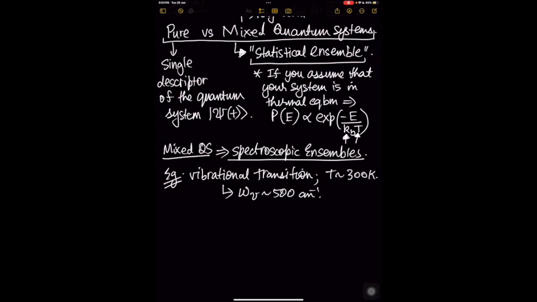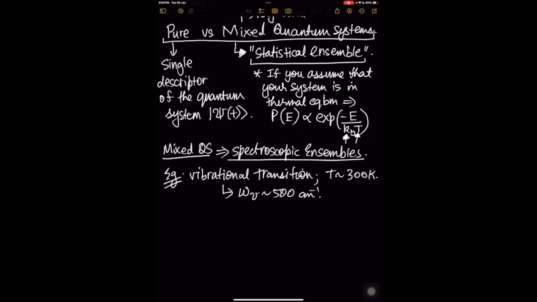Let's say you are probing that specific vibrational transition. To describe that particular quantum system, which is a superposition of different vibrational number states, that state would be a mixed quantum state. The probability of being found in different vibrational states is given by a certain Boltzmann factor. So this would be an example where mixed quantum states would be extremely useful.